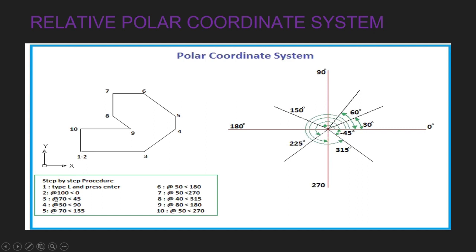We type L, enter, that's the command for line. When we start with L enter, we give the distance of the line and an angle. Here the distance of the line is 100, and it lies towards a 0 degree angle. So I drew the line towards this angle.